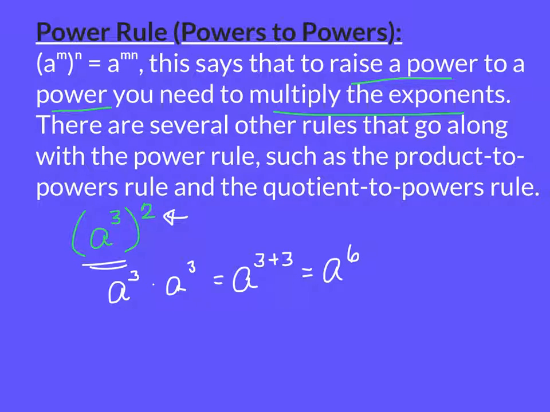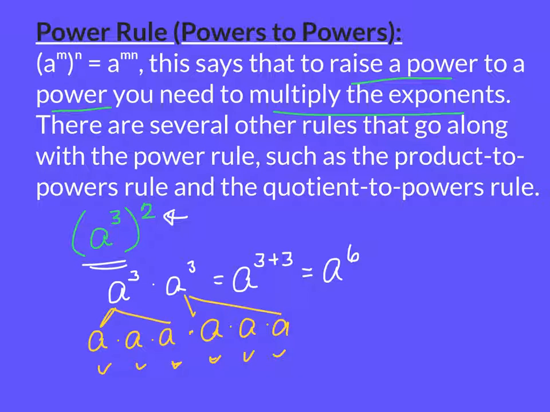Let's take a minute and think about a to the third power. What does that mean? a times a times a, there's the first one, multiplied by a times a times a. And you should hopefully see where this is going. There's 1, 2, 3, 4, 5, 6 a's.